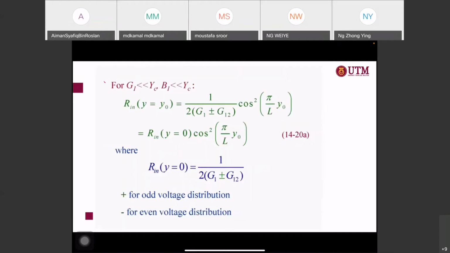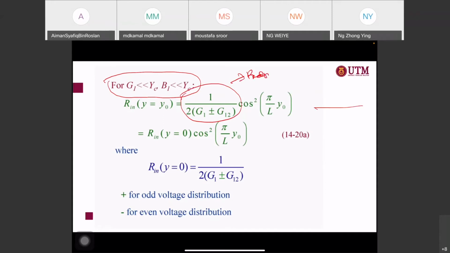Okay, so this is an example. You can see that G1 is less than the Y conductor here, and B1 is less than Y. So this is at the R_in here, as you can see, between the conductance and the mutual coupling here. We consider this as well. So this is at the R_H here.